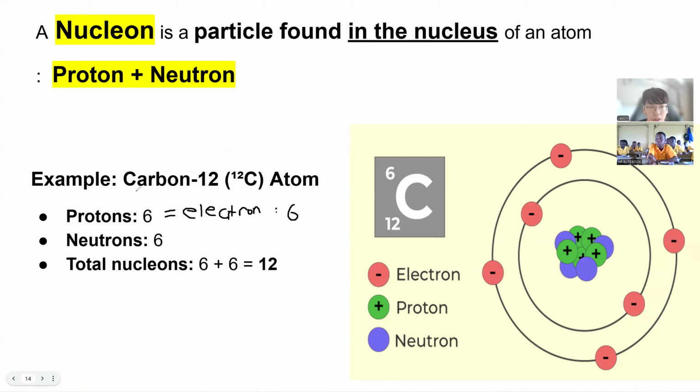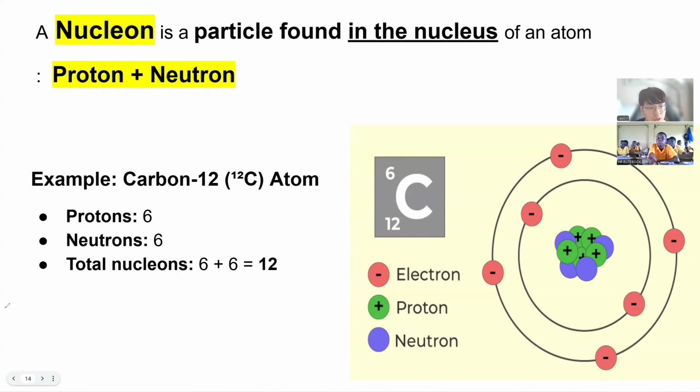Because, again, if it's neutral, it does not have any charge. So the proton numbers should equal the electron numbers to not have any negative or positive charges. So remember always, proton numbers equal electron numbers.